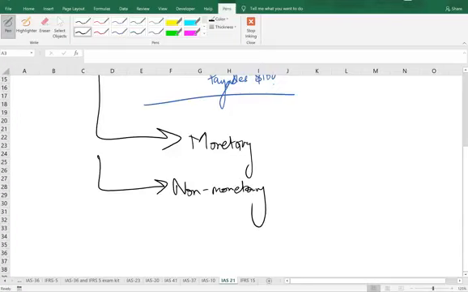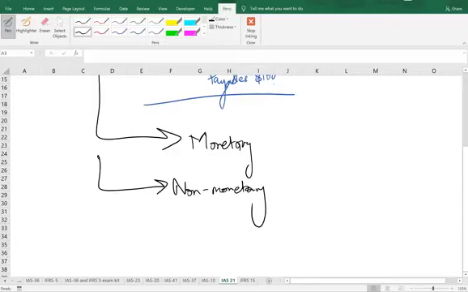A monetary item is any item that has only one use, to be settled in cash. That's all. To be realized in cash or to be settled in cash. That's a monetary item. A non-monetary item is all items other than monetary items. So, for example, land, building, inventory, right?